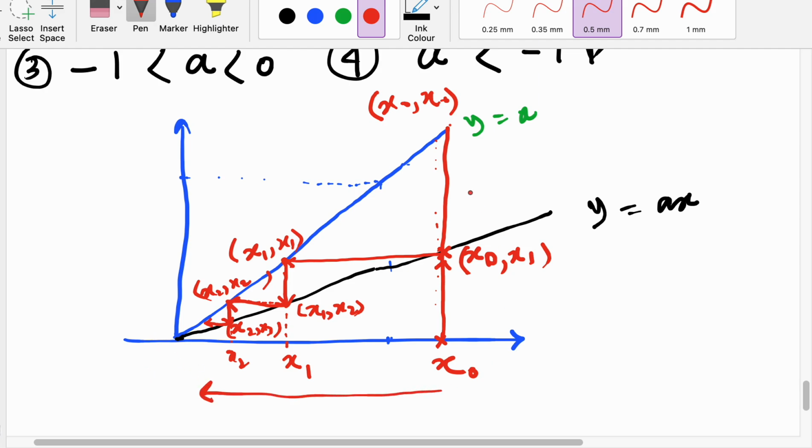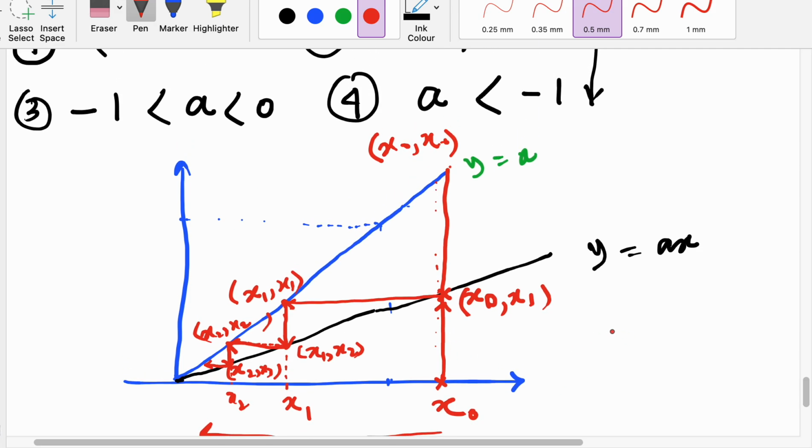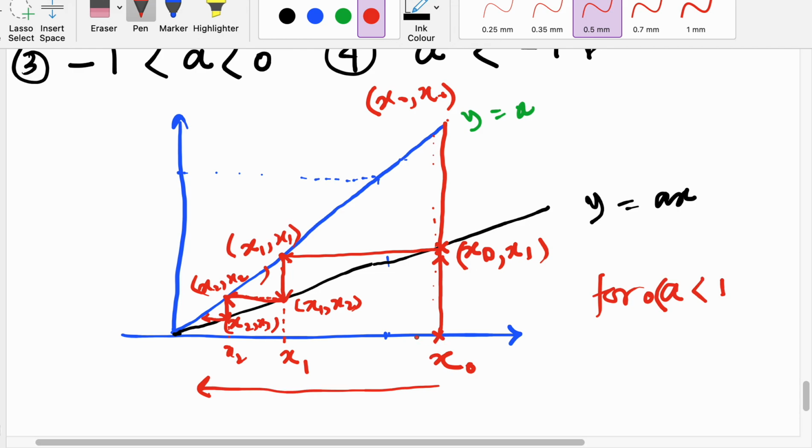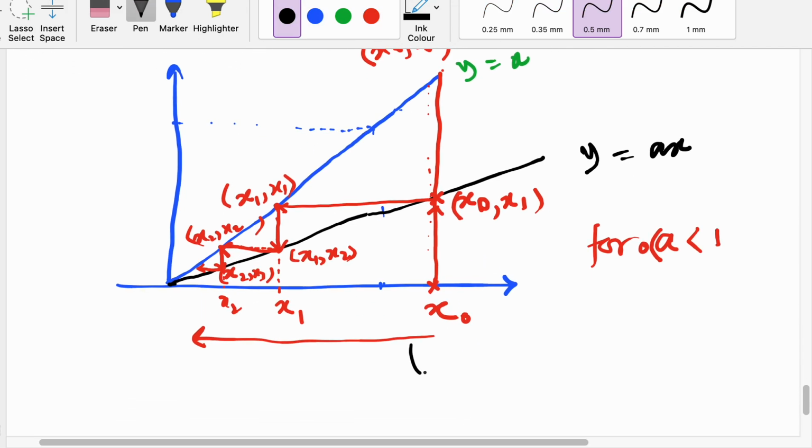So from this cobweb diagram we can say that for a less than 1, that is, if a belongs to 0 to 1, the iterates will go towards x equal to 0. The ultimate fate, or the orbit, is nothing but the sequence of the iterates of the initial point.